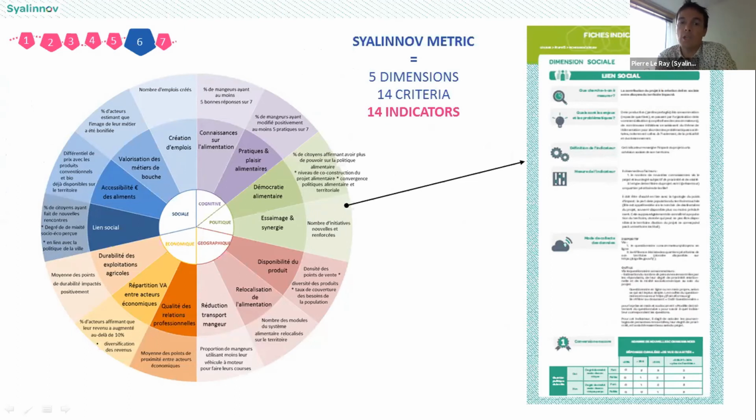For each of these indicators, we have one form that explains how to collect the information, or to populate the indicator, and also how to convert it into a score from 0, which would be a negative or no impact, to 3, which would be an important impact in comparison with a meaningful reference.